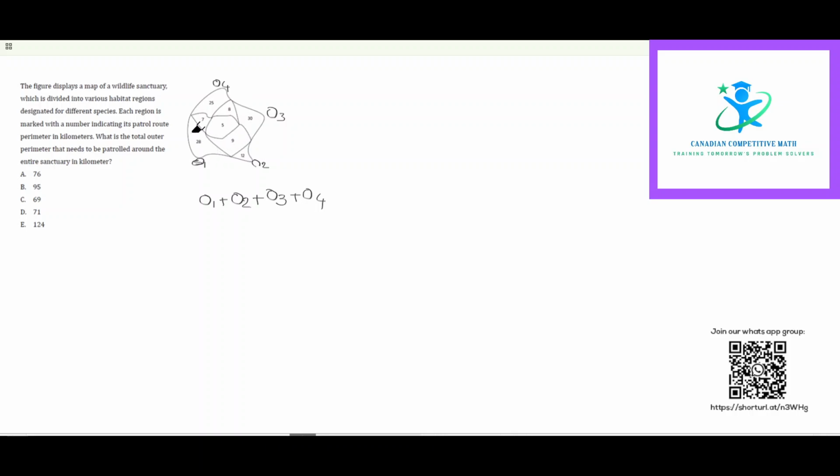So to make it more clear, this is the middle layer, so I'll write it as M1, M2, M3, M4, M5, M6, M7.